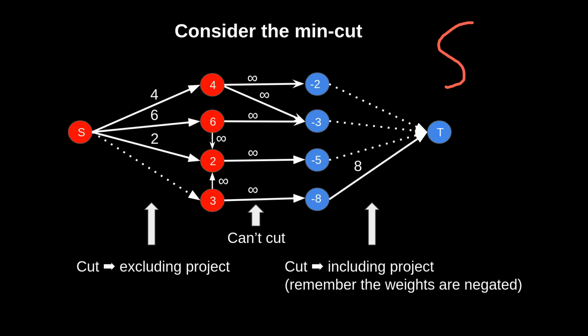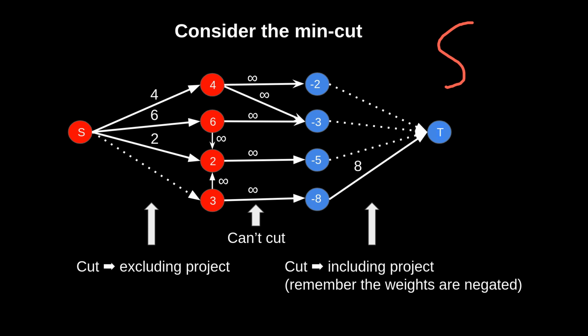Because if there were a path to the sink, that would imply that there is some project that we haven't included. There is some project that we are including among the positive projects that may rely on certain other positive projects. These positive projects could also rely on negative projects that rely on other negative projects.